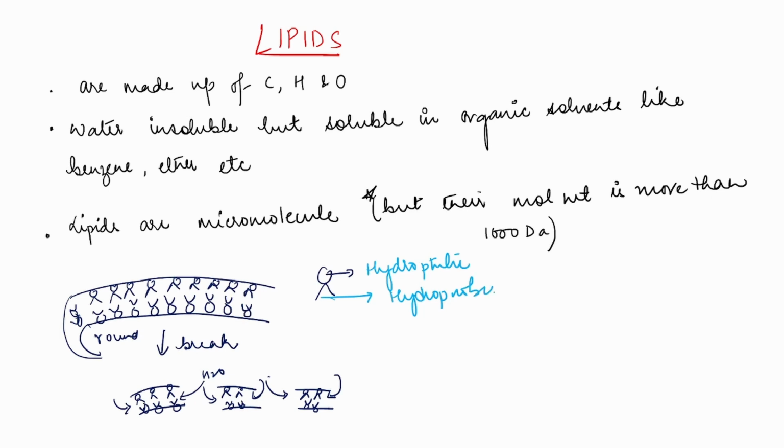That means they fear water, they are water haters, right? So when the membrane is broken into small fragments, there is a chance that water may enter from these sides.